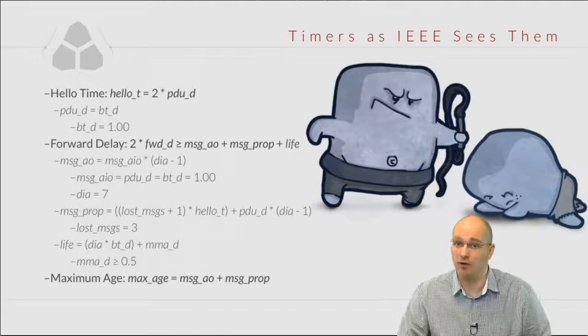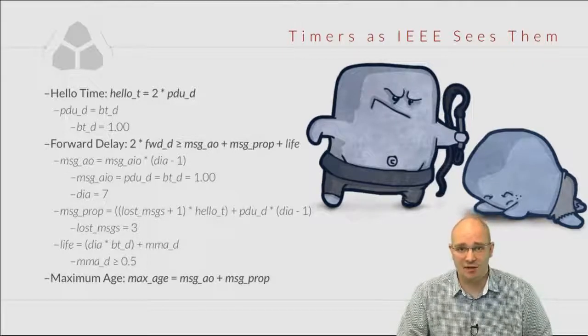It's from IEEE recommendation. The forward delay is calculated as: forward delay must be higher than the MSG_AO plus MSG_prop plus life. Now, the FWDD is the forwarding delay. The message AO is the timer called the maximum message age over estimate.